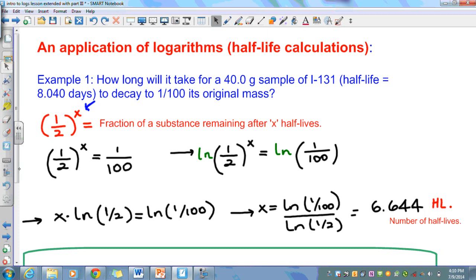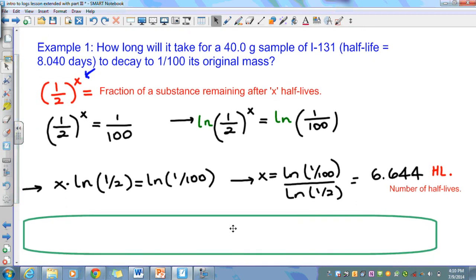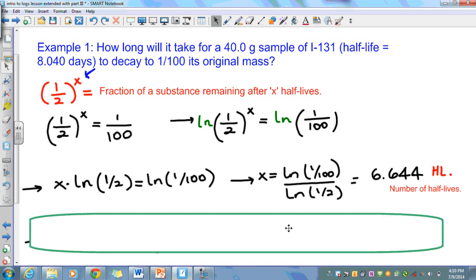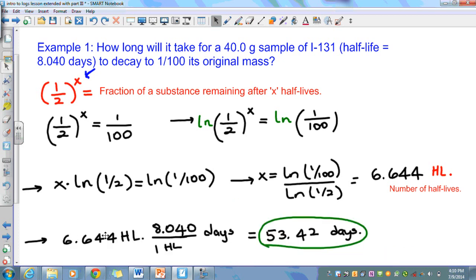So there we can do a quick little conversion. If 1 half-life equals 8.040 days, and we want 6.644 half-lives, you can simply multiply, or use a conversion factor to see it even easier. So 6.644 half-lives, and the conversion factor is 1 half-life equals 8.040 days.